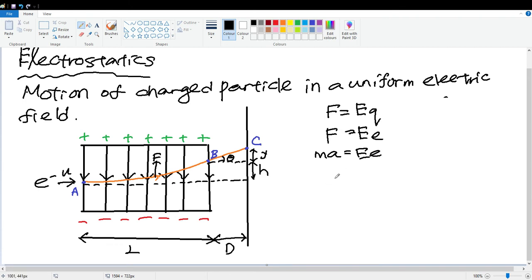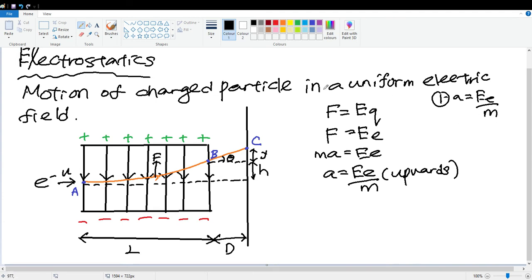So what I have for my acceleration is eE over m. This acceleration is pointing upwards, since the electrostatic force is pointing upwards. So this is the first information: a is equal to eE over m.